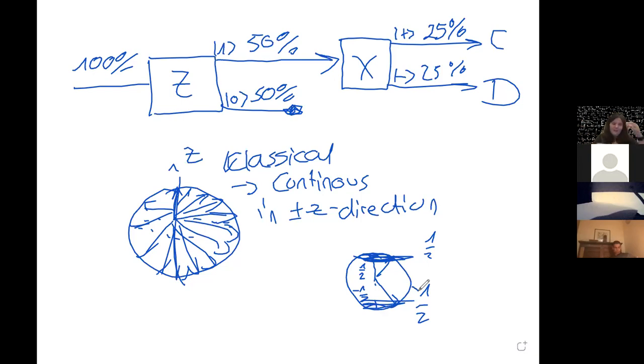Then Stern and Gerlach did this experiment, and they found out that it's some sort of intrinsic magnetic moment which has this quantization.